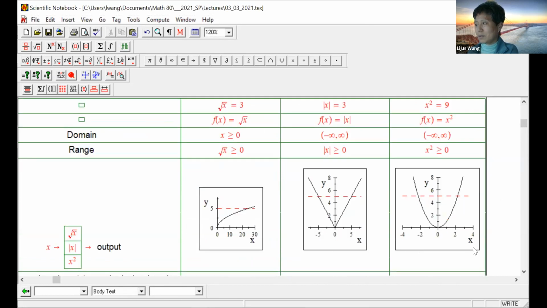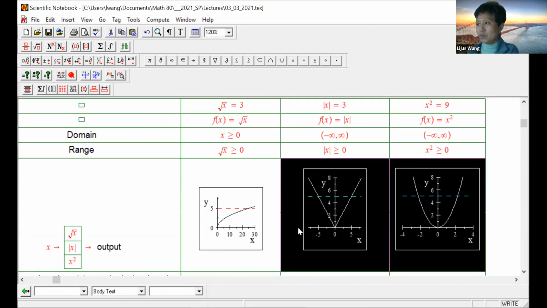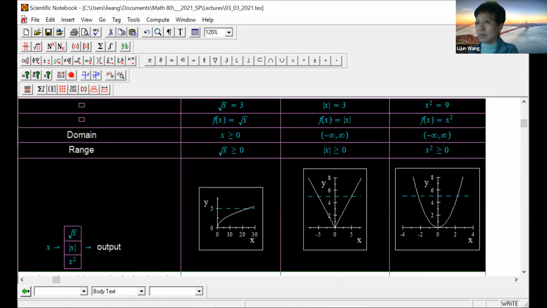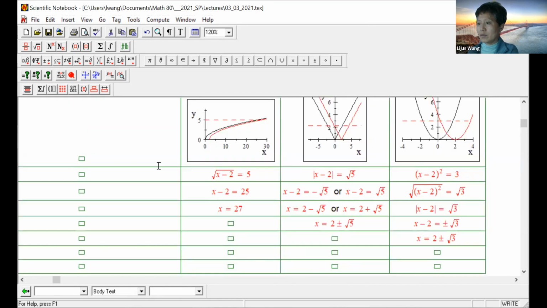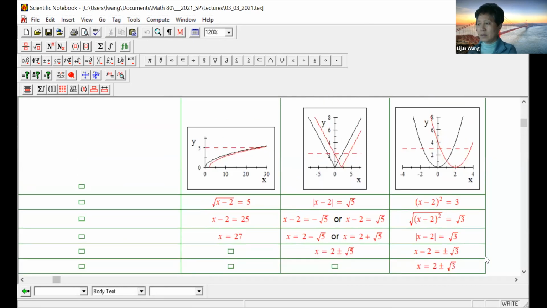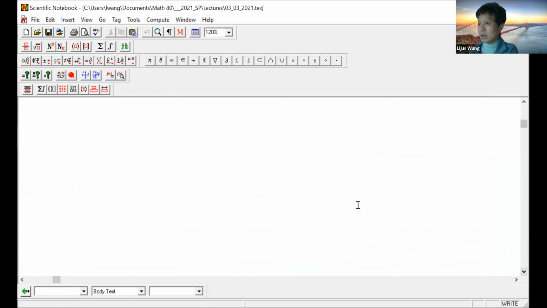x plus 3. These rules are being modified for sure, right? So I'm going to create another 3 columns, but still have some continuation.